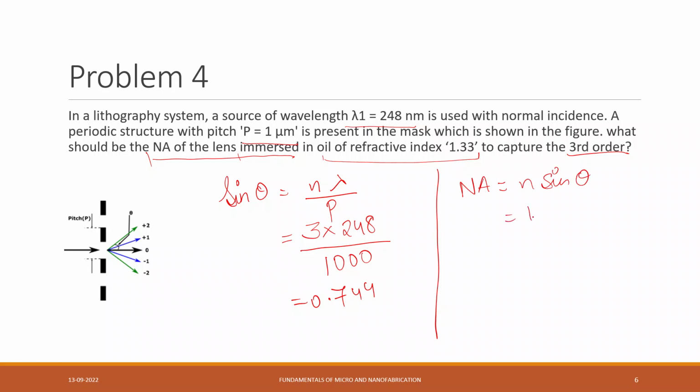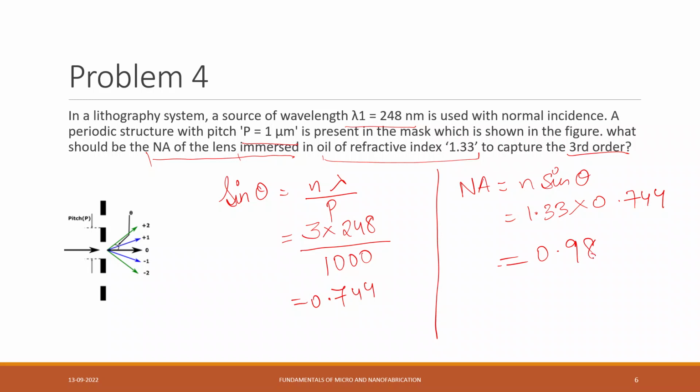Here n is given, and this is the sine theta. So you will get 0.98.